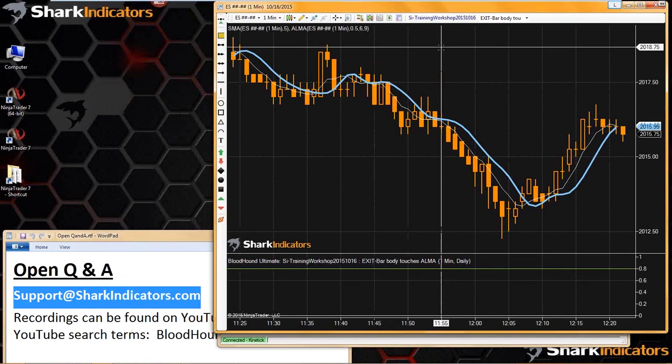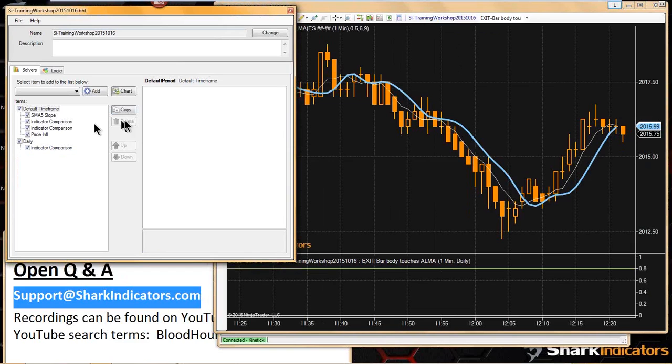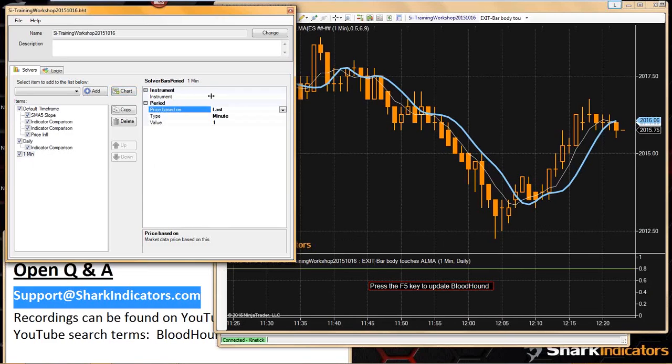Alright, so we have the ES, and I think it can easily be argued that the YM, the Dow, is closely correlated to the ES. Those two indexes move pretty close to each other, so we can consider that to be correlated.